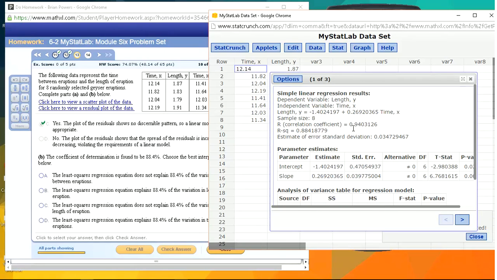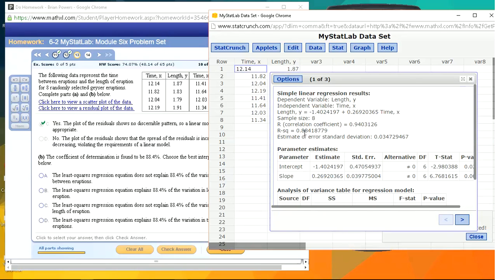If you square that number, you get what's called R squared. R squared is always positive because you're taking a number and squaring it. Also, R squared is always between 0 and 1 because your R is between -1 and 1. When you square it, it's going to be between 0 and 1.